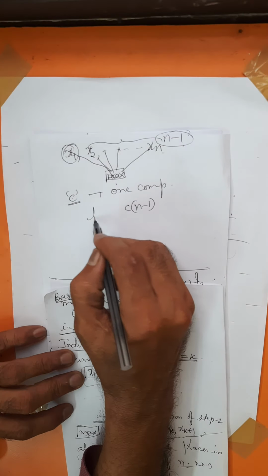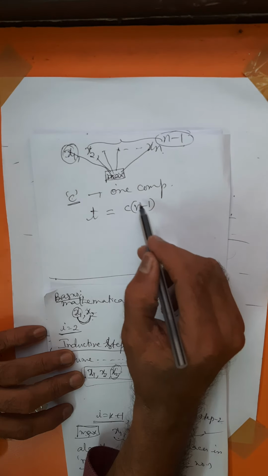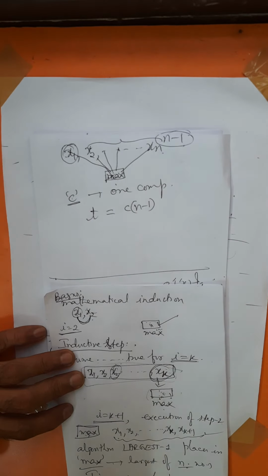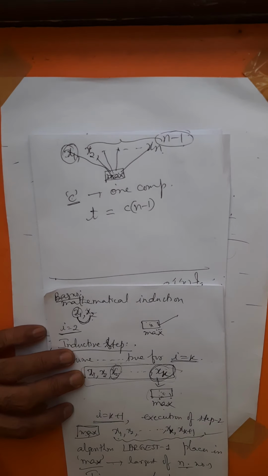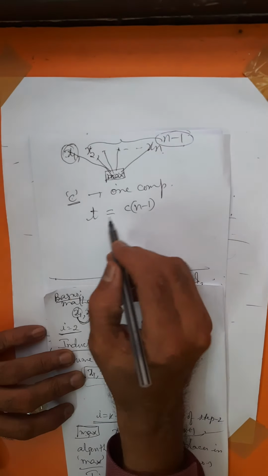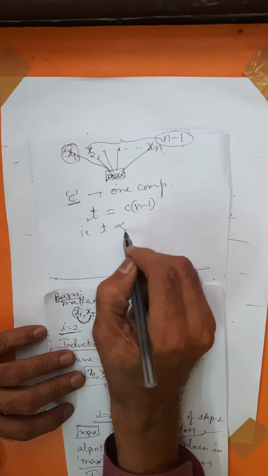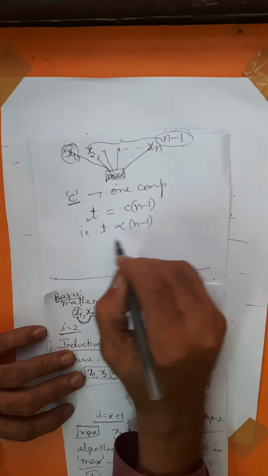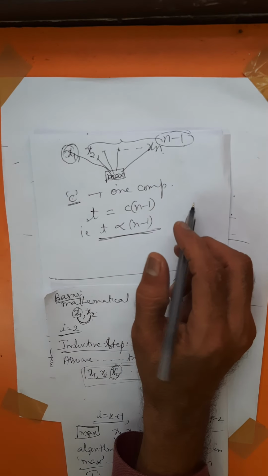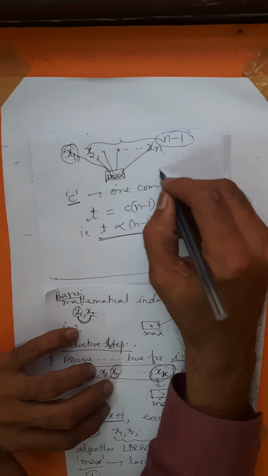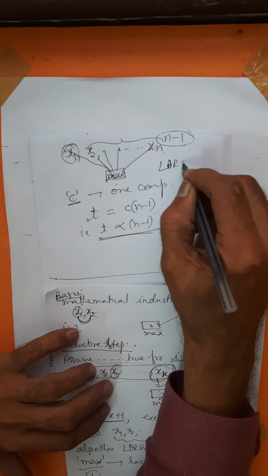The time taken t for n minus 1 comparisons is c into n minus 1, where c is the time taken for one comparison. If t equals c into n minus 1, that is, t is proportional to n minus 1. The time complexity of the algorithm largest one is this.